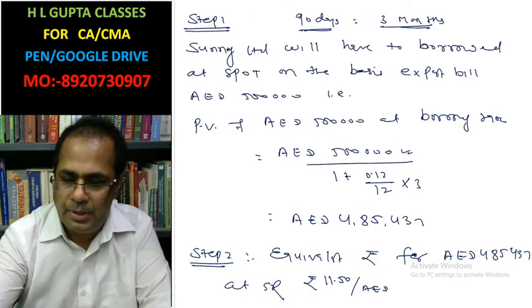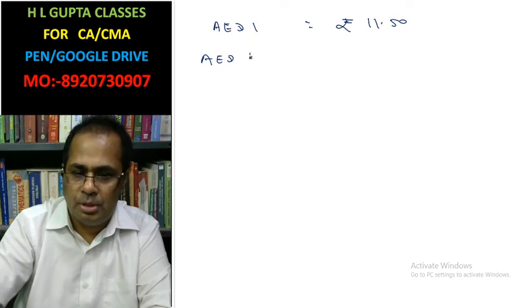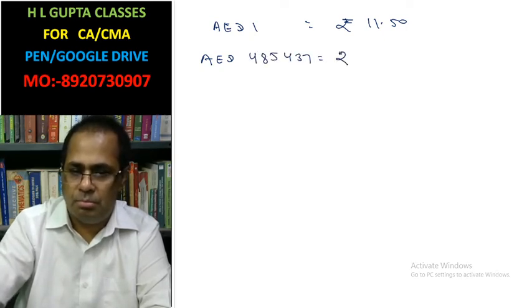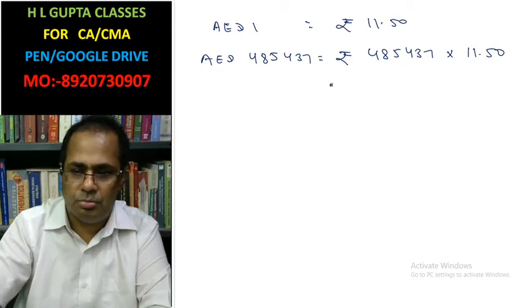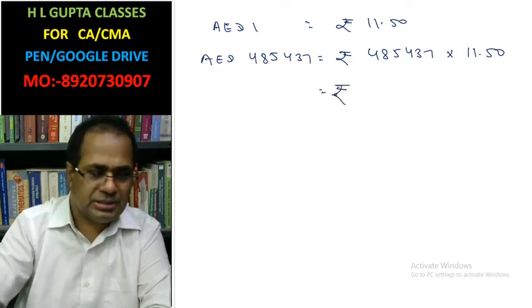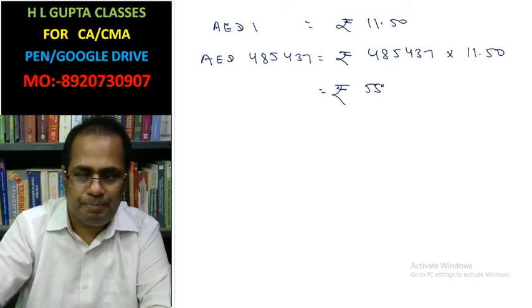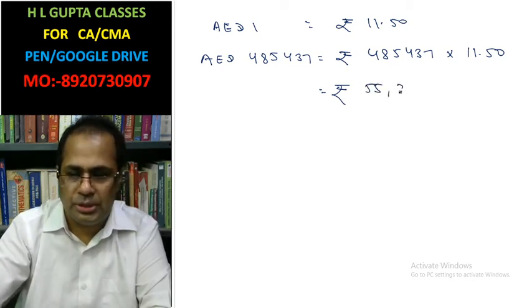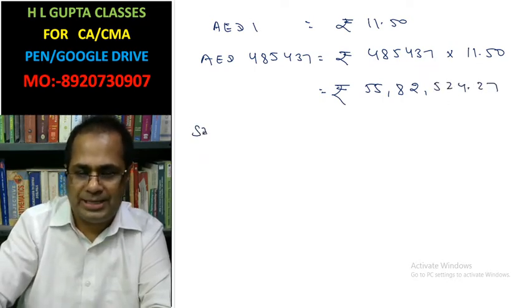AED 4,85,437 into 11.50 gives rupees 55,82,524.27.